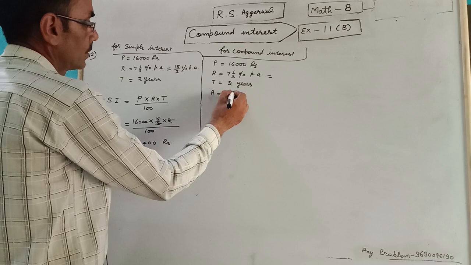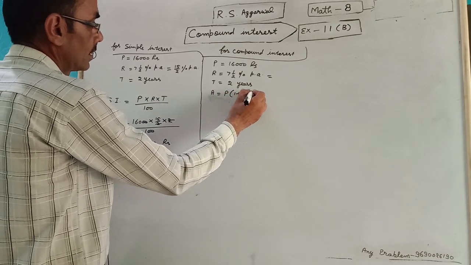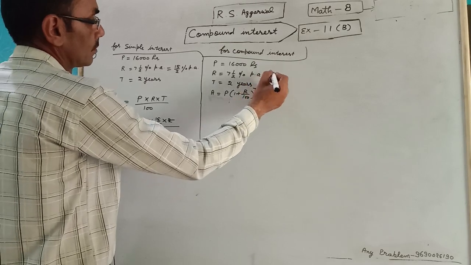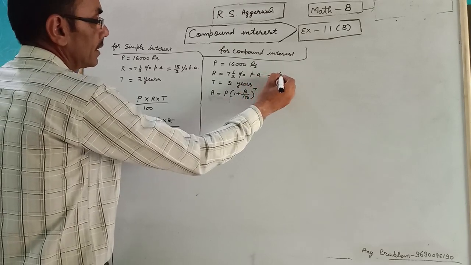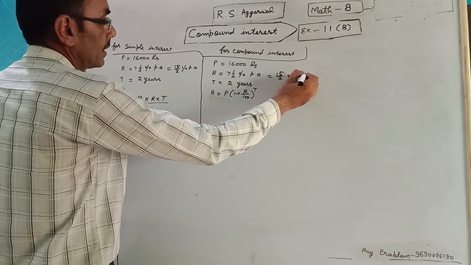We put the value: A is P into 1 plus R upon 100 power 2. R will be 15 upon 2% per annum.